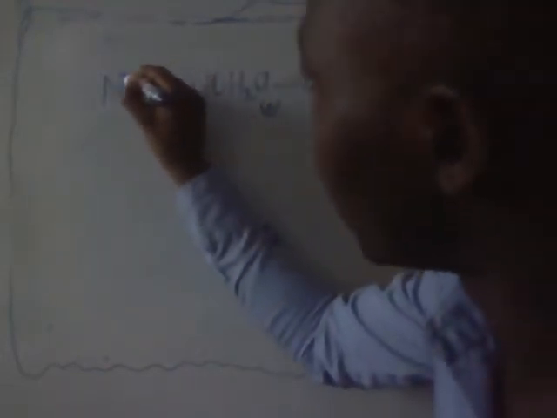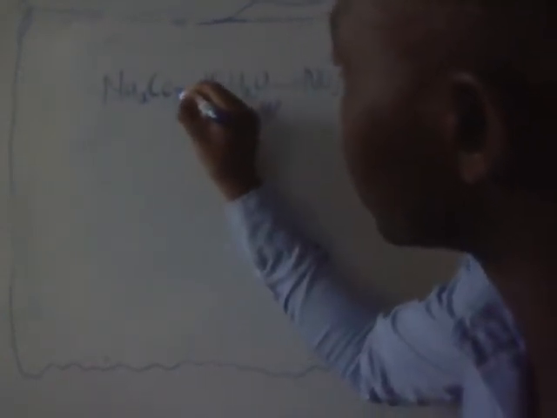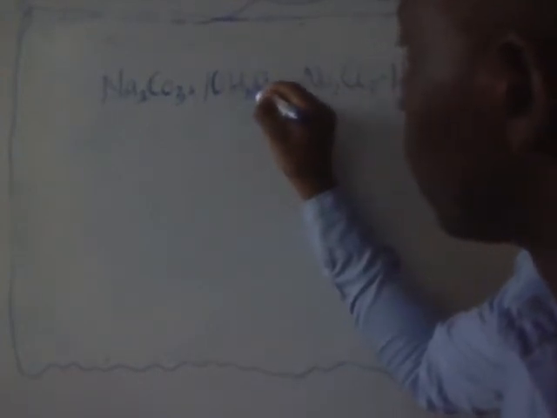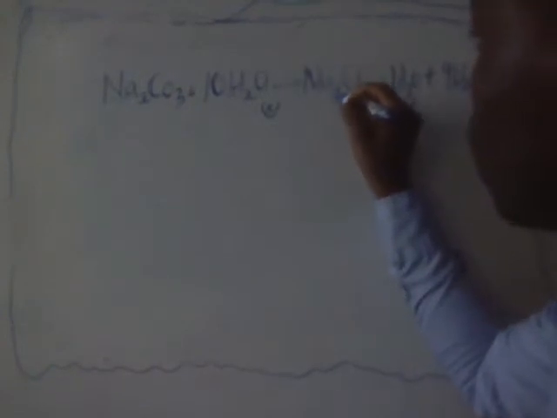Okay, it said this is a solid, this is a solid, and this is a gas. So Na2CO3.10H2O to give Na2CO3.H2O plus 9H2O.